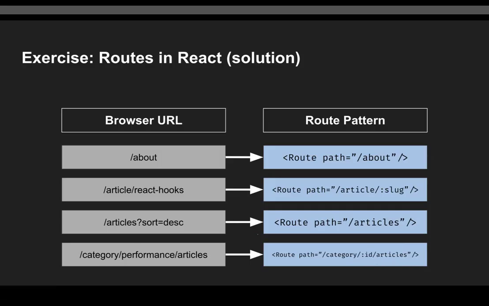Questions on any of these? I guess the other thing I would call out here that you might notice is these dynamic components, you can call them whatever you want. So you can see here, for example, in this one I called it a slug because I would consider it to be a slug versus an ID. Here I called it an ID.